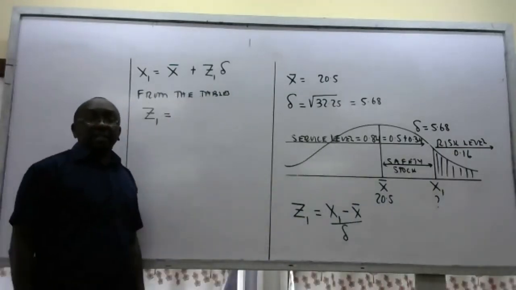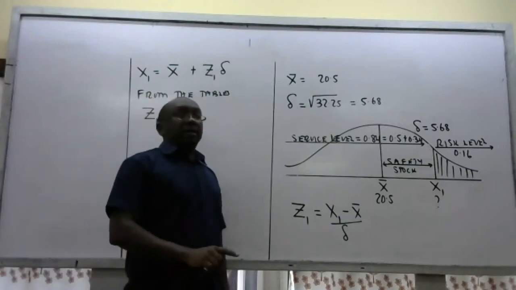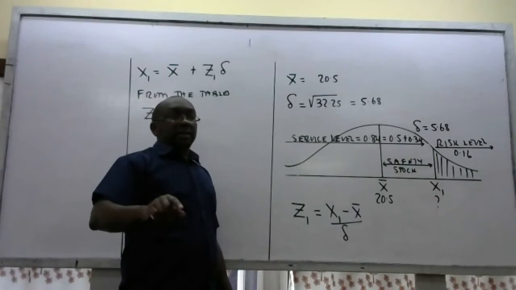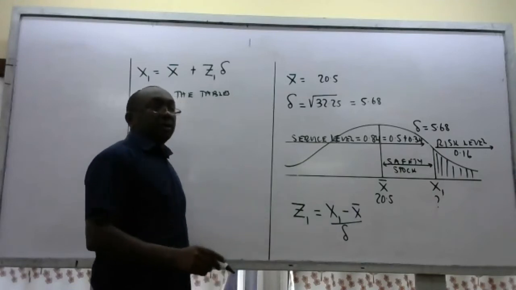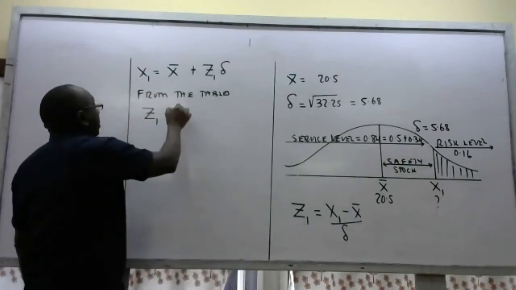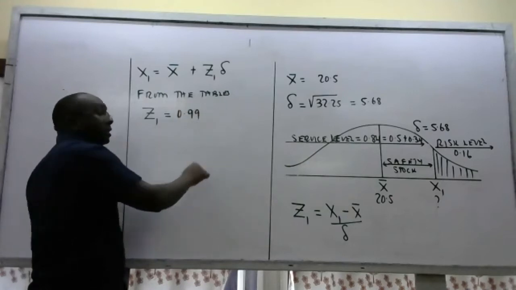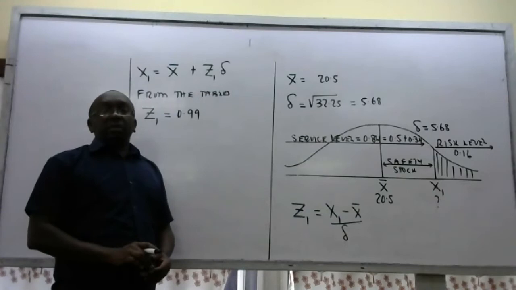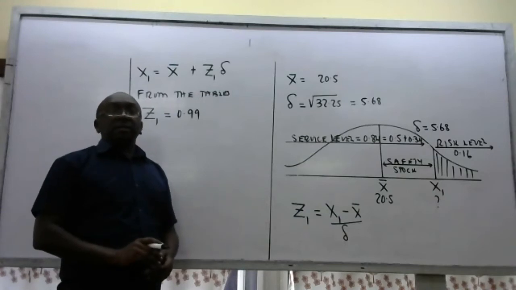Have you seen it? Yes. The value of Z in the row, it is what? 0.99. Okay, 0.99. I hope everyone is able to see that.